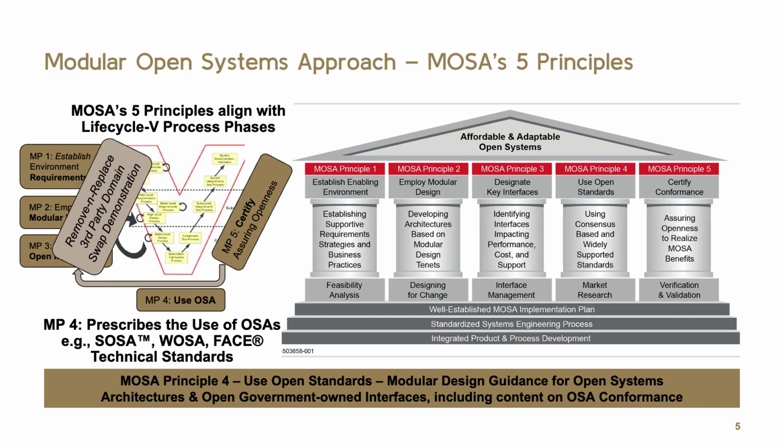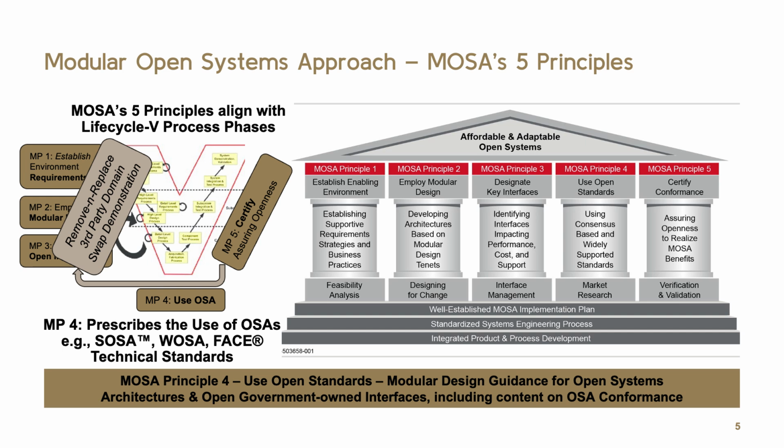Principle number 3, key interfaces, is your interfaces, and what the government wants is to own the interfaces so that they can allow for future technological refresh and address obsolescence issues. It's a matter of protecting its investment, and it's actually protecting the taxpayer's investment.